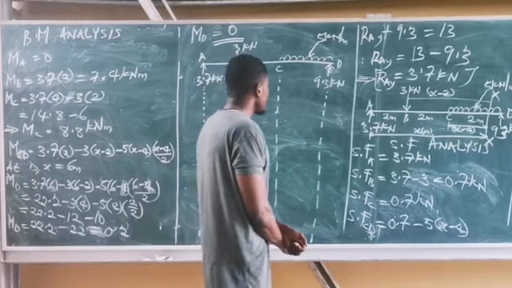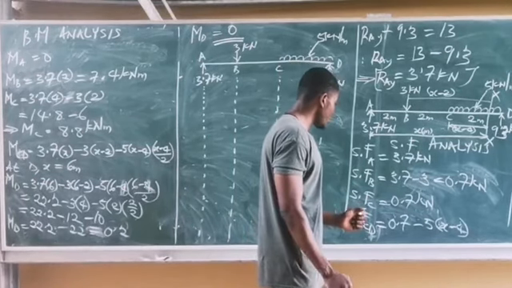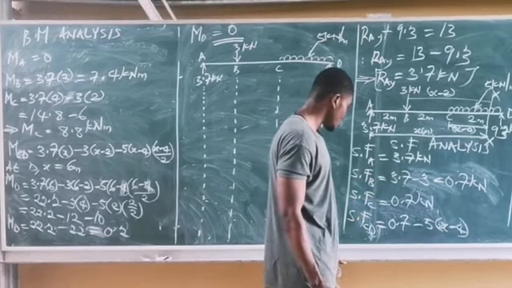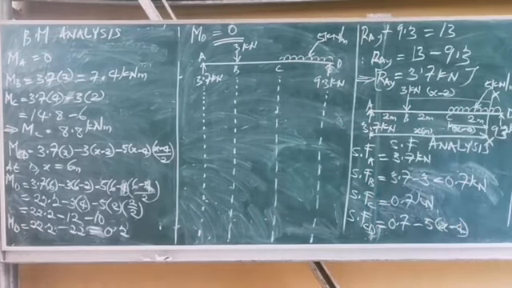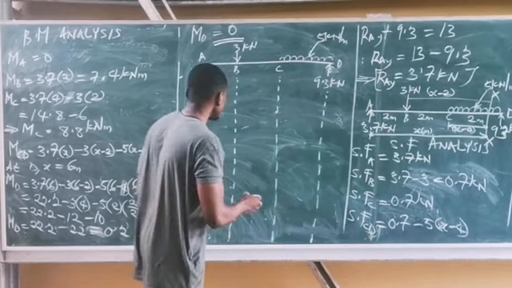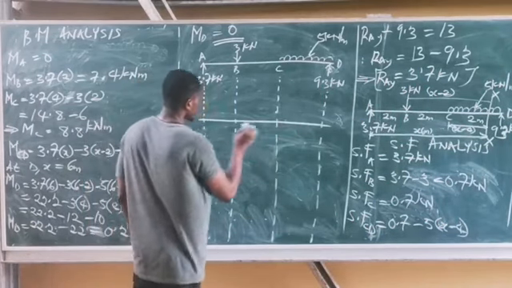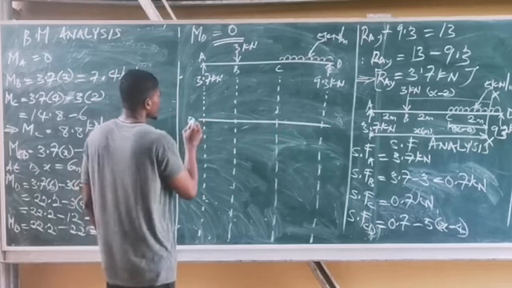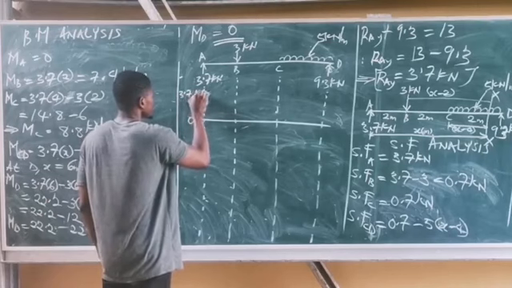So we'll start with the shear force diagram. In the shear force we have 3.7, we have 0.7, and we have 0. The highest value of the shear force is 3.7. So let this be our origin, our 0 mark. 3.7 is the highest, so call it 3.7 kilonewtons positive.